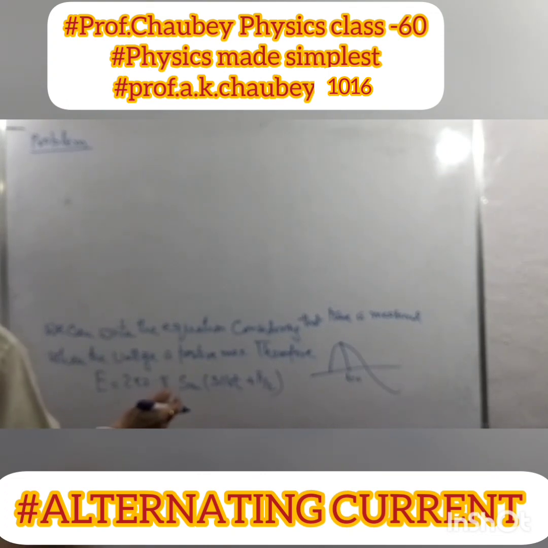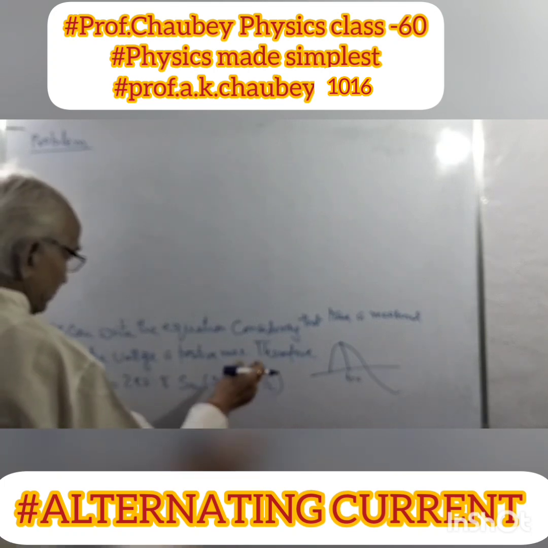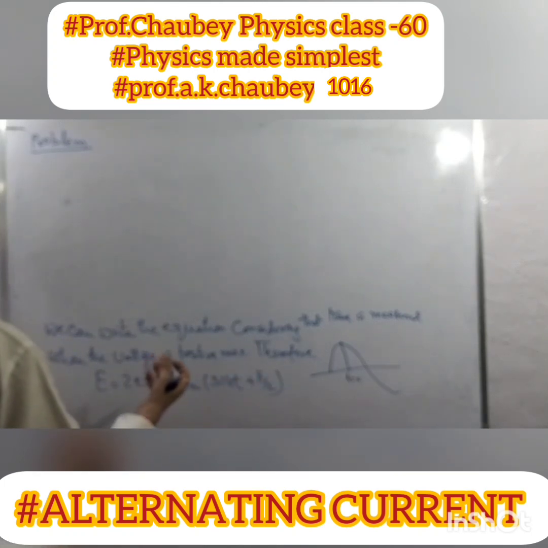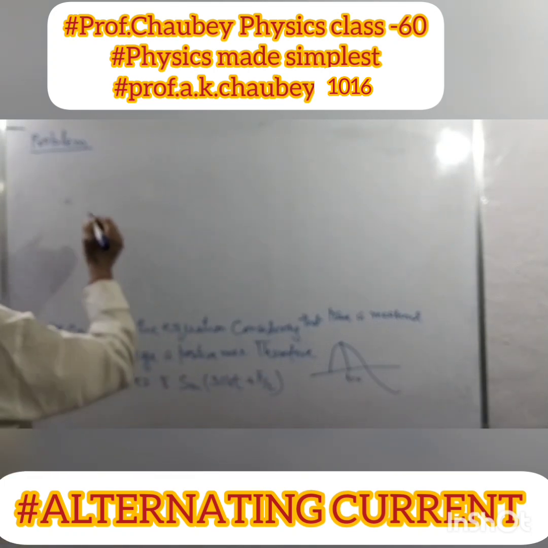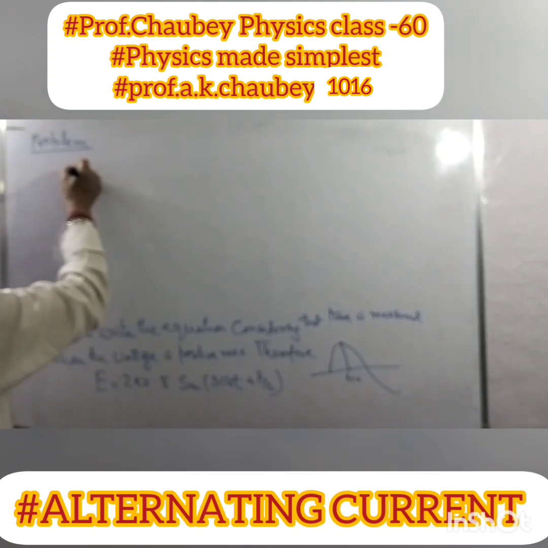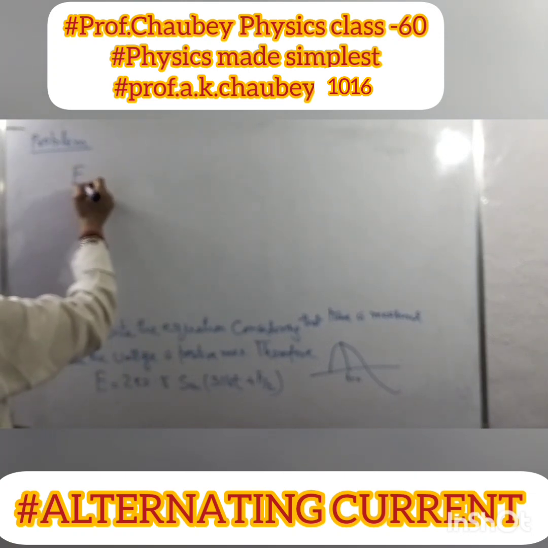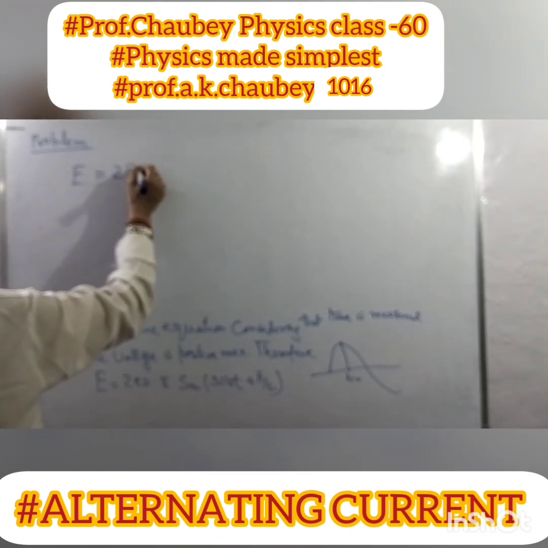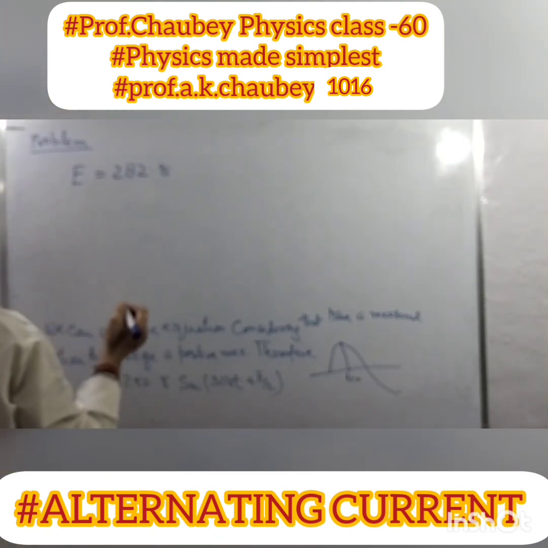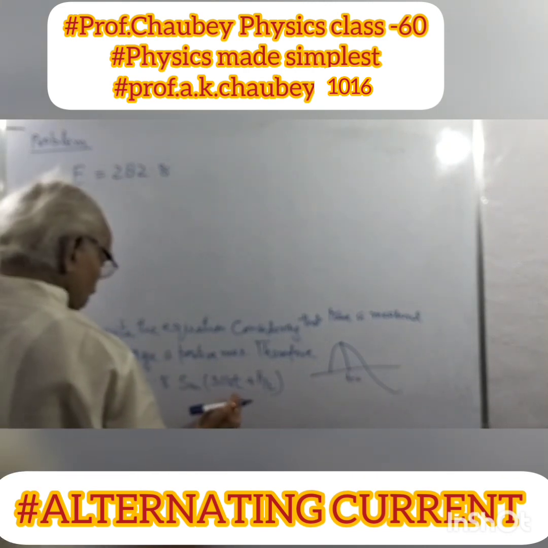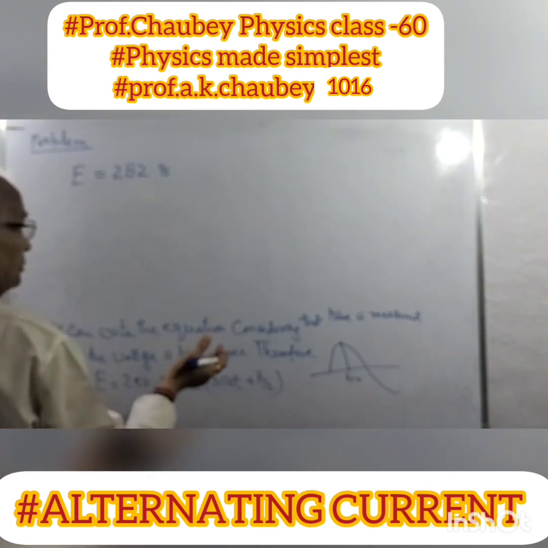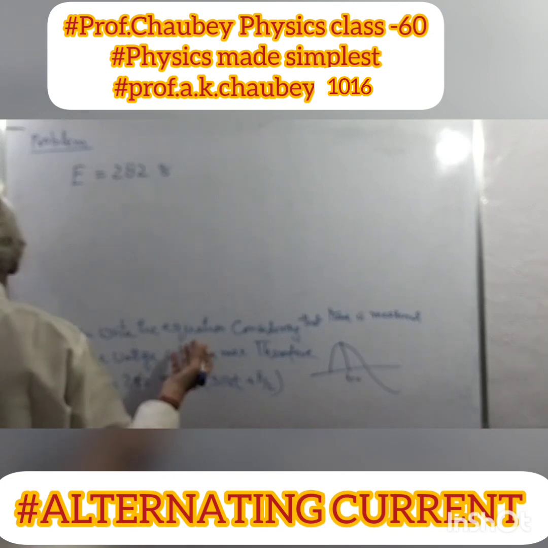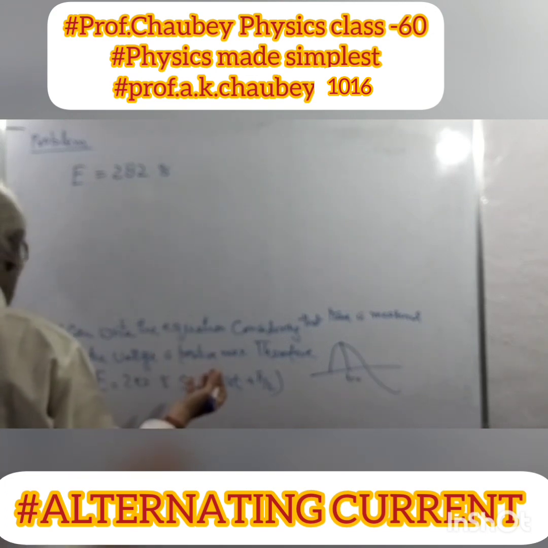So this becomes sin of pi by 2 plus theta. So E is equal to 282.8 sin of 90 plus theta, which is equal to cos theta.